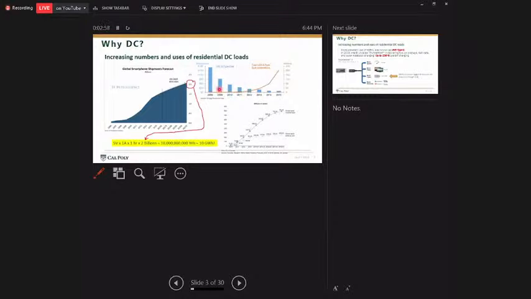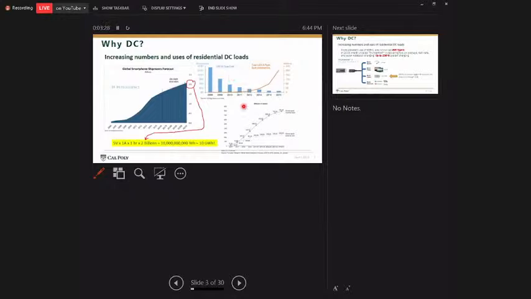Another example of a good DC load that we've seen more and more these days is LED lights, right? You'll be at a disadvantage if you are not using LED lights. And as we know, LED lights run on DC, even though you plug them into an AC system, internally they work on DC.